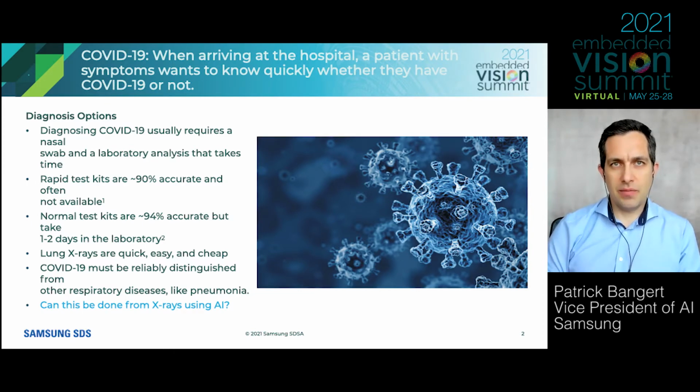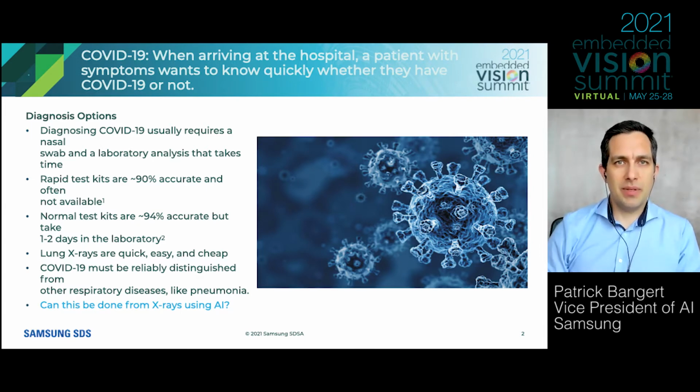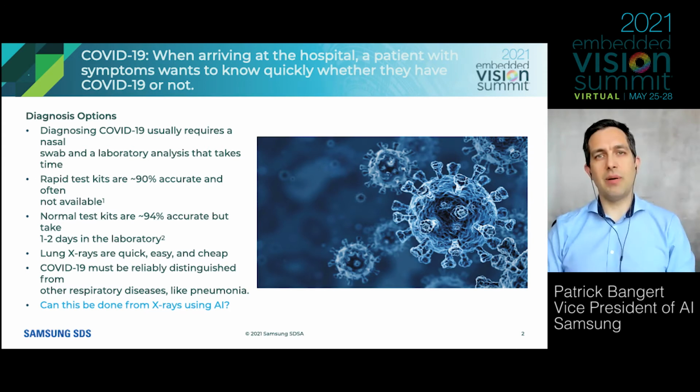If you're feeling just moderately ill, maybe you can afford to wait a certain amount of time before the nasal swab test comes back from the lab after a day or two. But sometimes people are in an acute condition, they have trouble breathing, they need to go on the ventilator, receive medication, and in that case, it is time sensitive to diagnose them with either COVID or something else so that you can give them the proper medication.